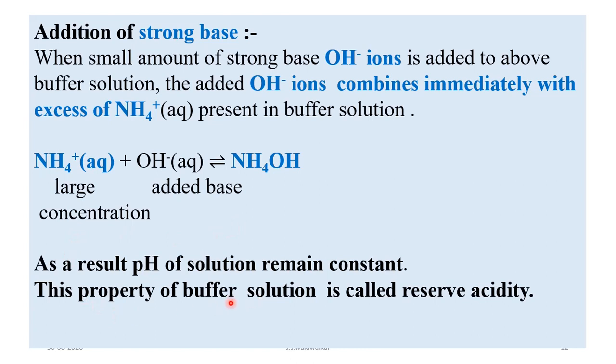And this property of buffer solution is called reserve acidity. And this reserve acidity is due to the presence of NH4 ions present in a large amount. And due to this, the effect of added OH ion is nullified.